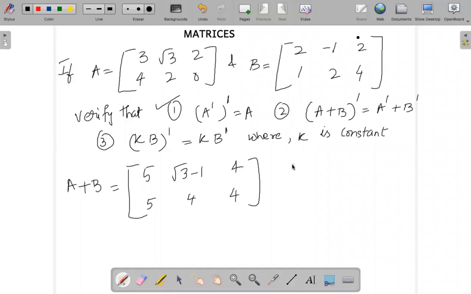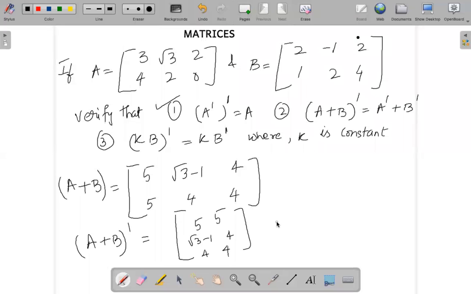Now, since we got this A plus B, let us find A plus B transpose. We got A plus B whole prime as this. Now we have to get this result as A prime plus B prime.